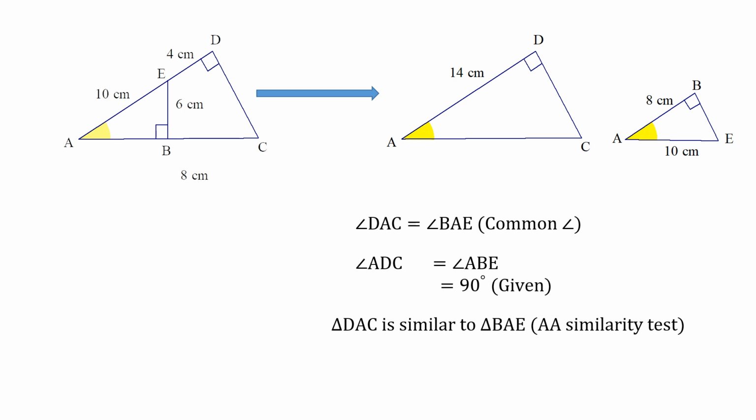So therefore both triangles are similar using the AA similarity test. Then from there we can also see that AD corresponds to AB, DC corresponds to BE, and AC corresponds to AE. And angle DAC corresponds to angle BAE, angle ADC corresponds to angle ABE, and the last pair is angle ACD corresponds to angle AEB.